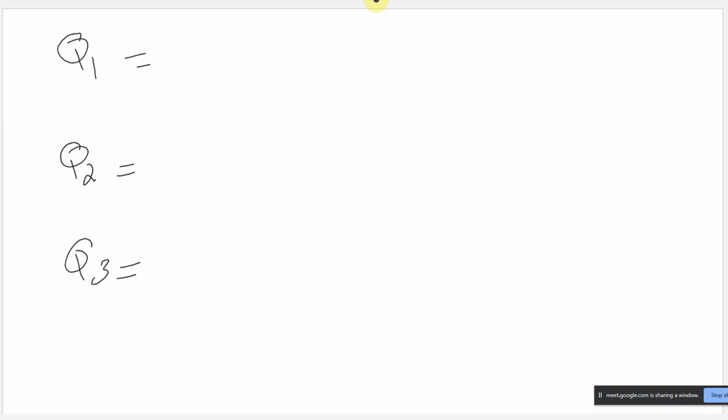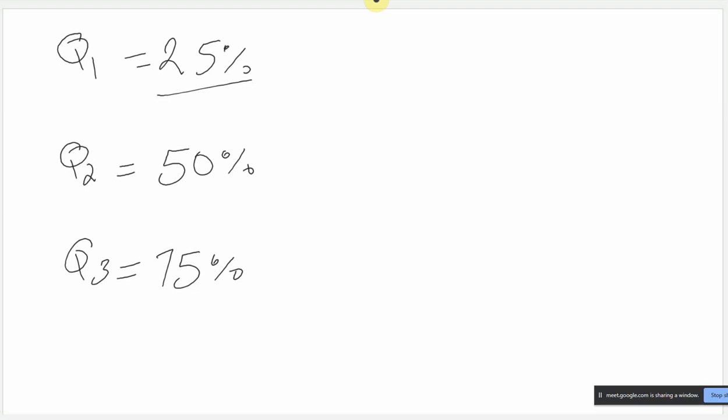Q1 is the 25% of the data, and Q2, remember, is our median, which is 50% of the data, and then Q3 is 75% of the data.